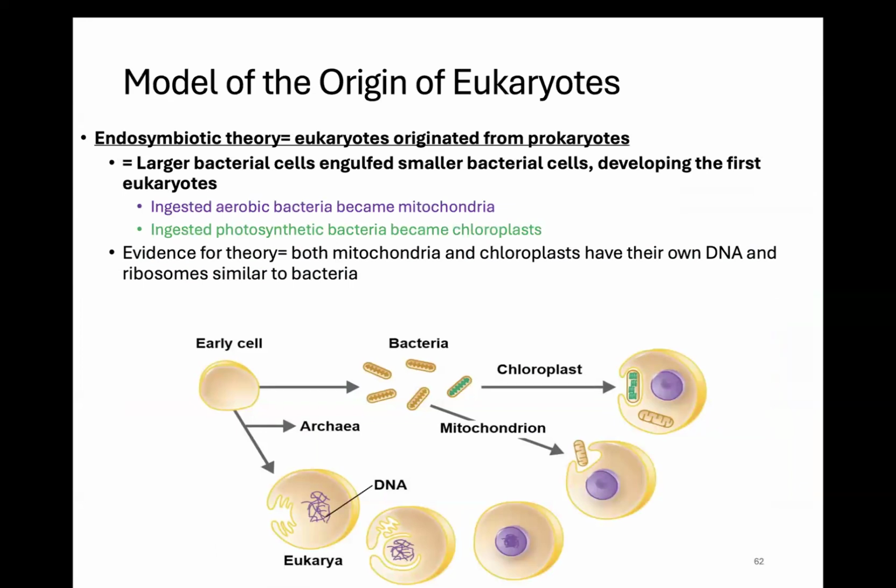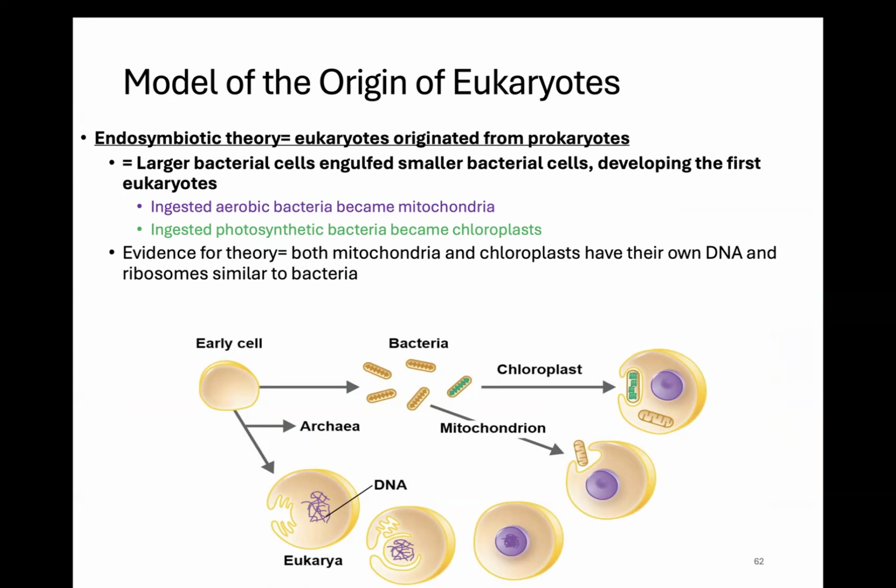There's something in science called the endosymbiotic theory, and it suggests that eukaryotic cells, like human cells, animal cells, plant cells, evolved from prokaryotic ancestors like bacteria. And the reason why this theory is supported is because eukaryotic cells, for example, plant cells, have mitochondria and chloroplasts.